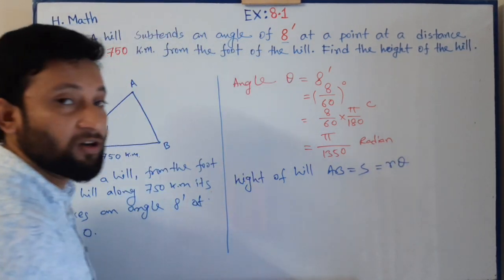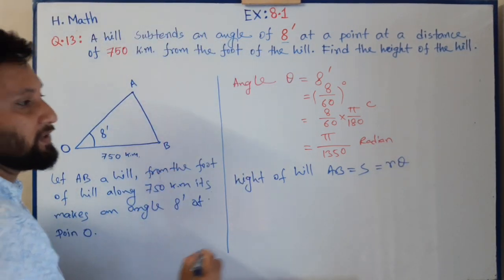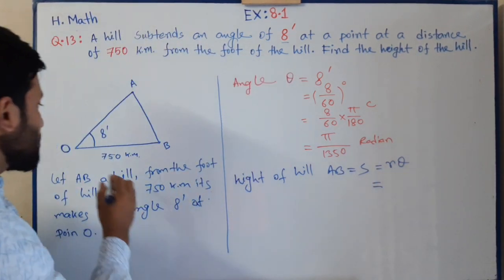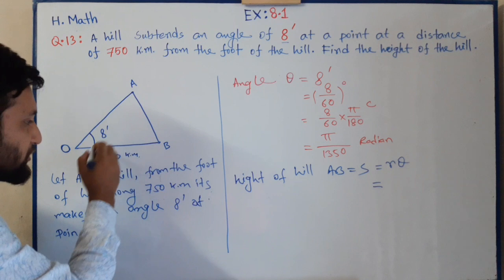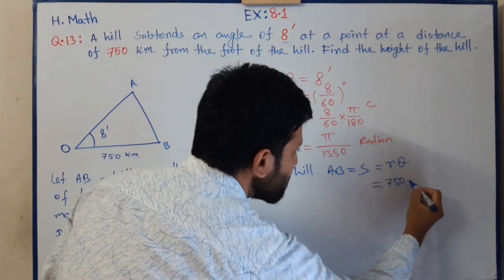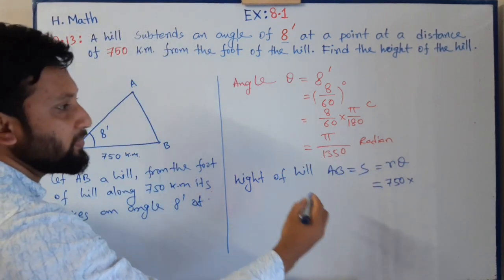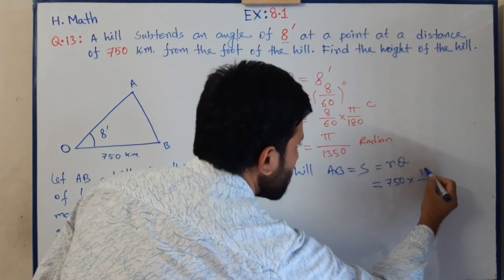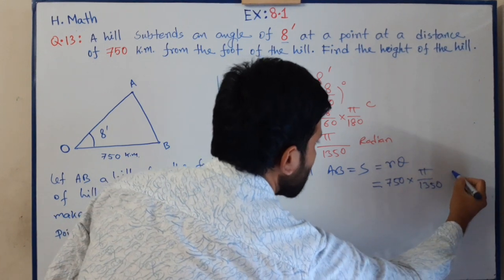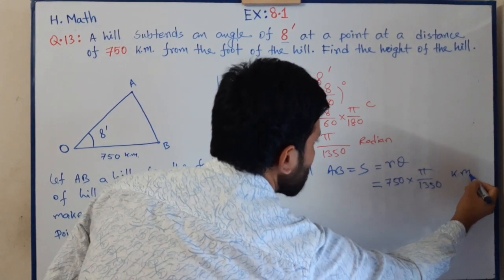We know the formula of arc distance, S equals r theta. Here the radius is 750 kilometer and theta is pi divided by 1350, and the unit must be kilometer.